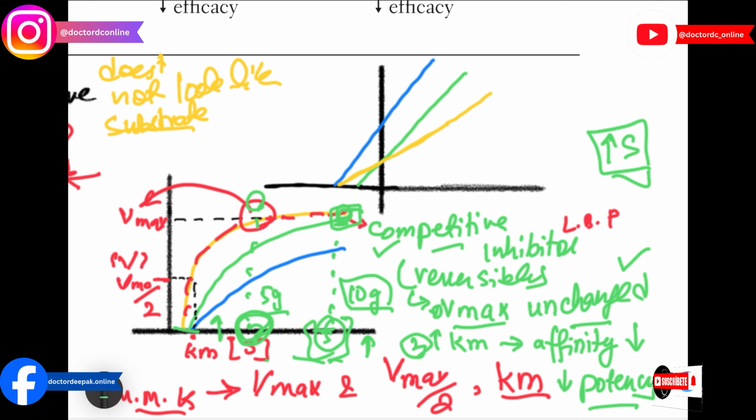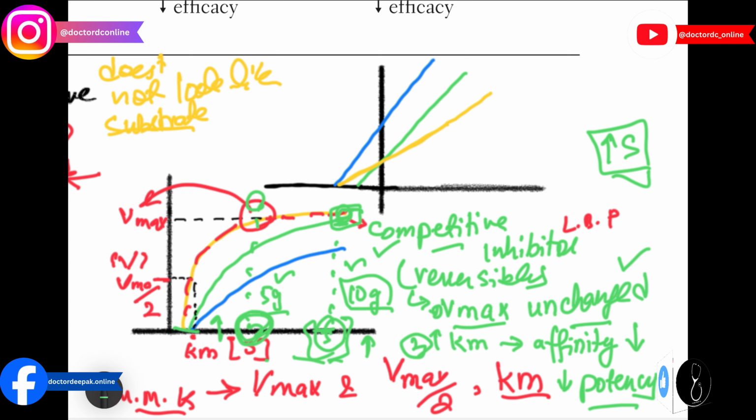Potency means a drug that can give a maximum effect with a lower dose. The effect we were getting on 5 grams is the same effect we are now getting on 10 grams, so potency will be decreased.